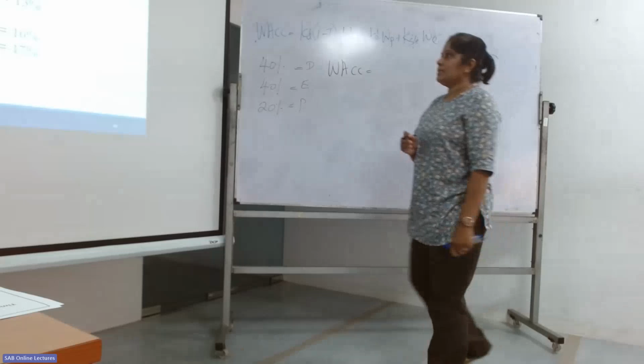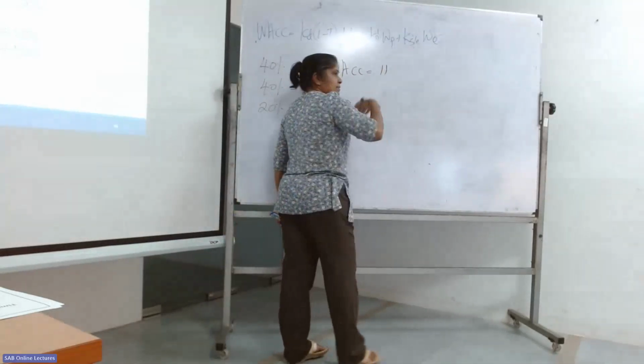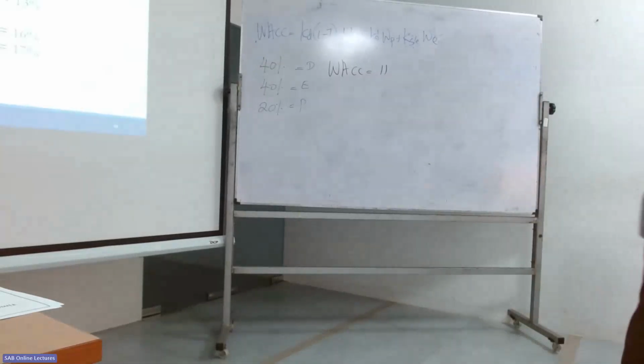Cost of debt is 11%. Normally, if the tax rate is given in the question separately, it means that this 11% cost of debt, KD, is before tax. So you have to adjust it for the tax shield. If it were stated as after-tax cost of debt, you could consider it as is.